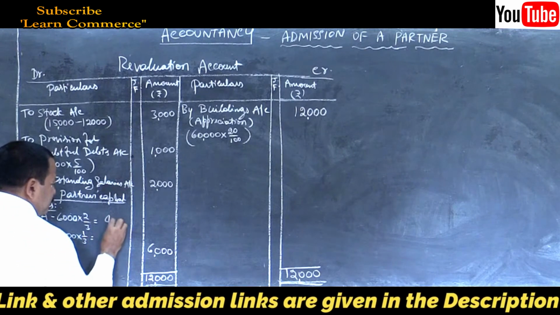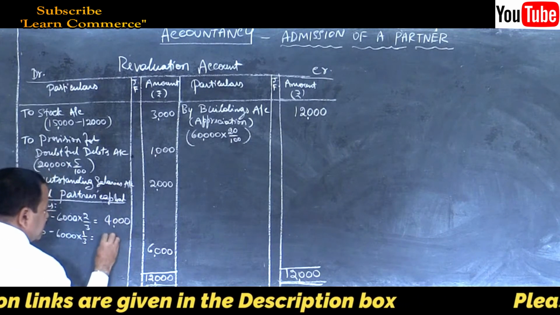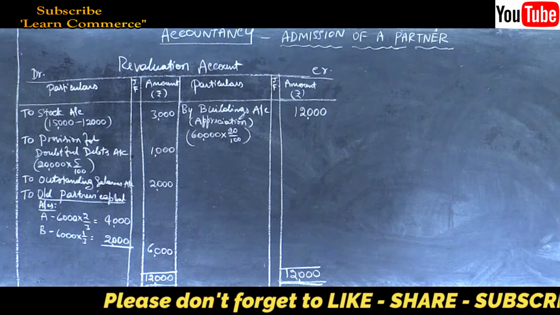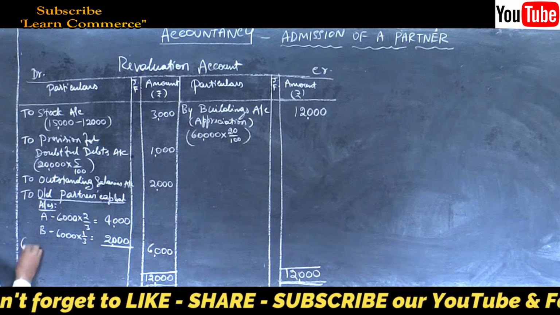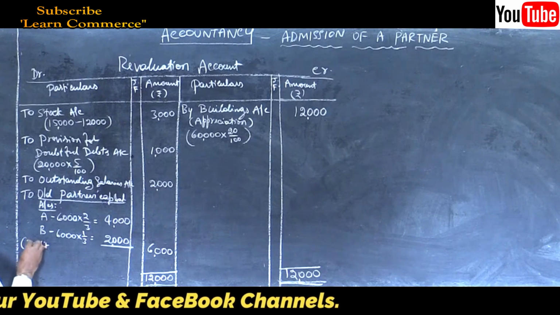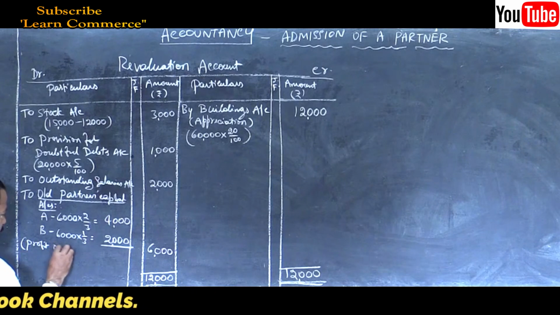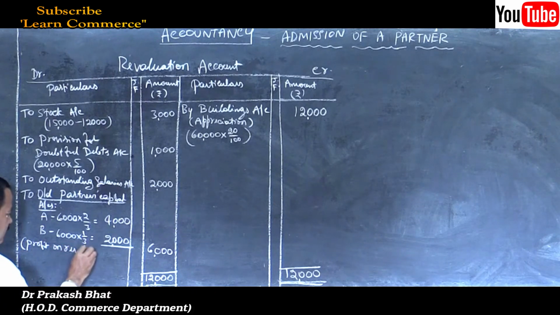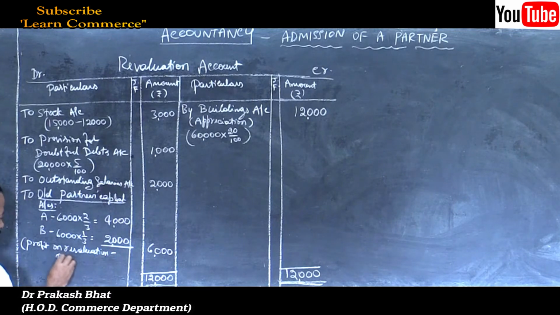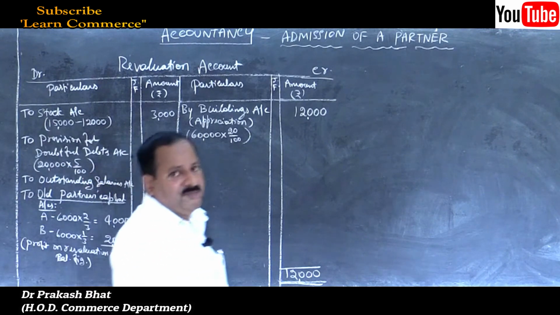Yes, 4,000 and 2,000. 6,000 right here, profit on revaluation. Within bracket, write it. Revaluation, balancing figure. You will get almost 3 to 4 marks for this account.